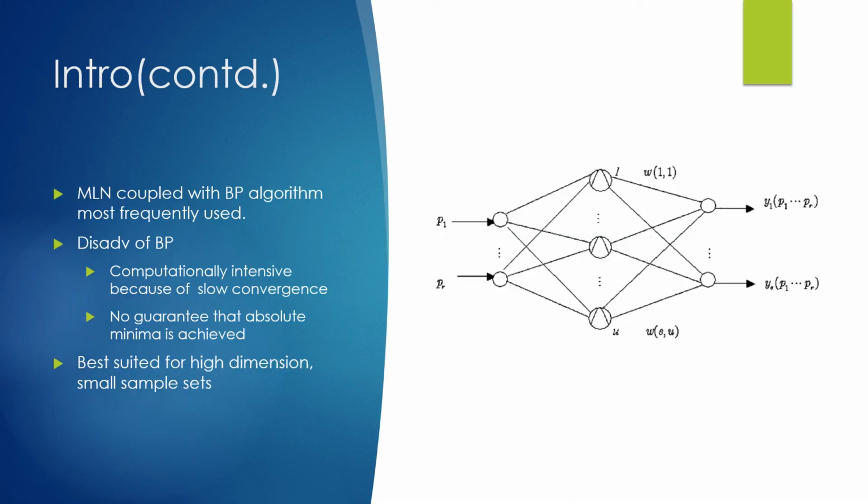This is a multi-layered network combined with BP, the backpropagation algorithm. Let me give you a little insight about the backpropagation algorithm itself. We have input signals which are fed into the neural network, and they are propagated through the network, and at every node, depending on the activation function, the corresponding output value is generated until it reaches the output layer.